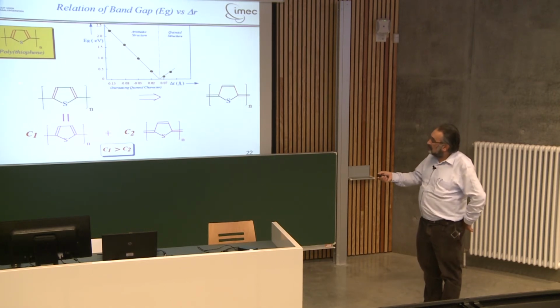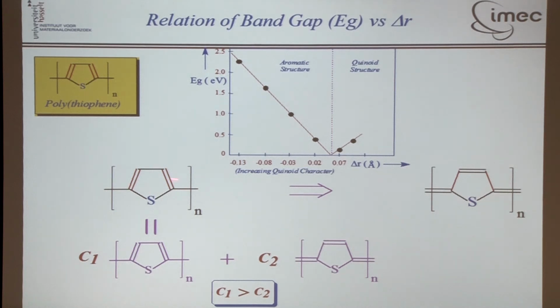So reality is this, and we can describe that by making a linear combination of totally localized structures: the polythiophene like we know it, and the quinoid structure. If we move along this line, this will just mean that in our starting point, this contribution to the real structure will be large, and this will be small.